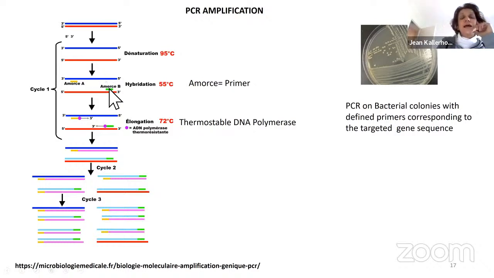So first you have hybridization of the primer to the template. The template are the strands, the model on which has to be copied. And the primer, take it as an anchor.